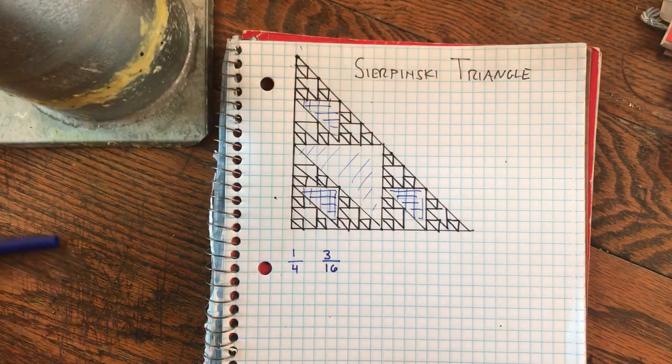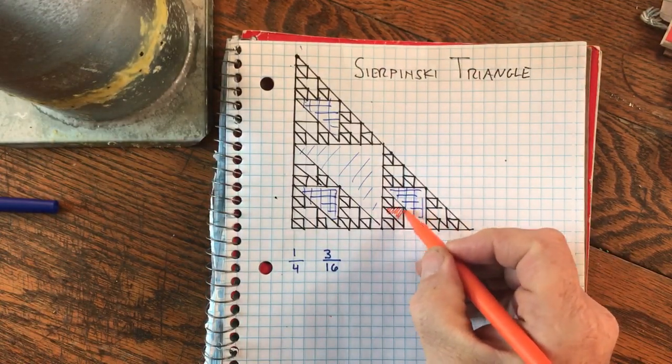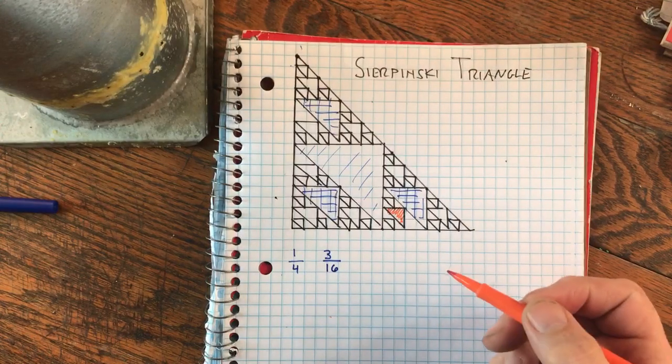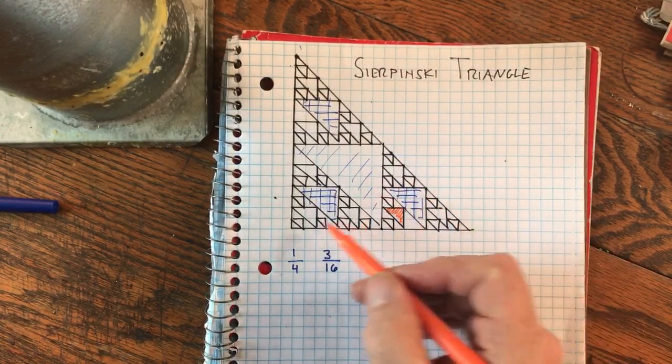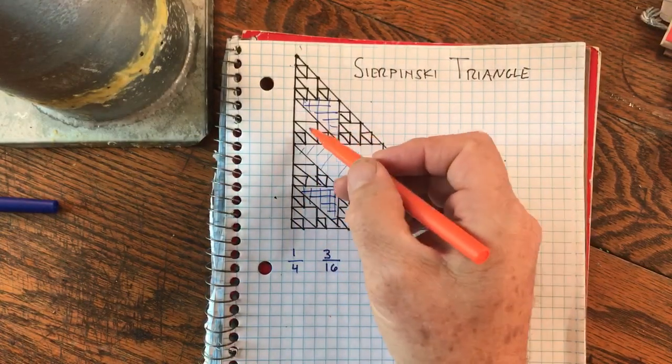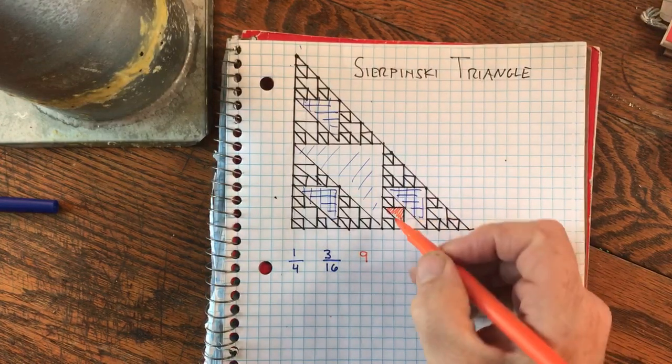Next level down, let's change colors. We come to triangles this size. First of all, let's count them. How many of them are there? 1, 2, 3, 4, 5, 6, 7, 8, 9 of them. How big are they?